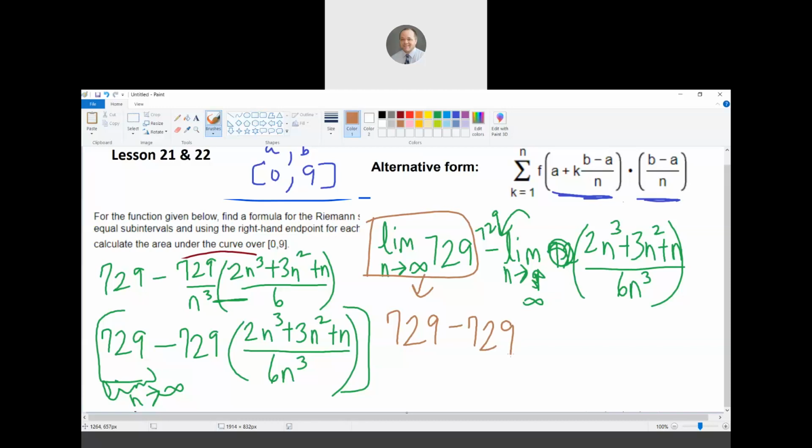Because we have just one fraction here where the numerators share a common denominator, I'm going to split this into three separate fractions. So we got 2n cubed over 6n cubed plus 3n squared over 6n cubed plus n to the first power over 6n cubed.